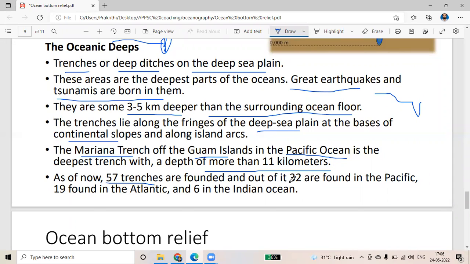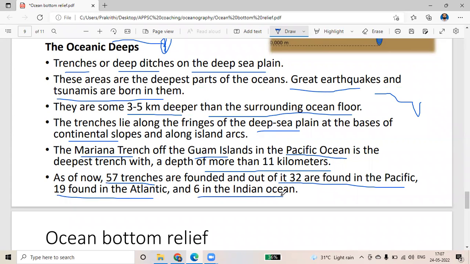And out of this, 32 are found in Pacific Ocean, 19 are found in Atlantic Ocean, and 6 are found in Indian Ocean. So these are the major ocean bottom reliefs.